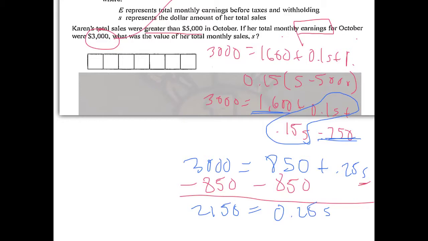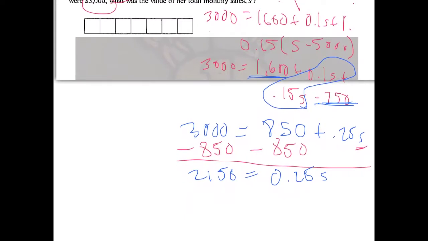And our very last step, we're going to divide both sides by 0.25. And we get S is equal to 8,600. Of course, if you're gridding, 8600.